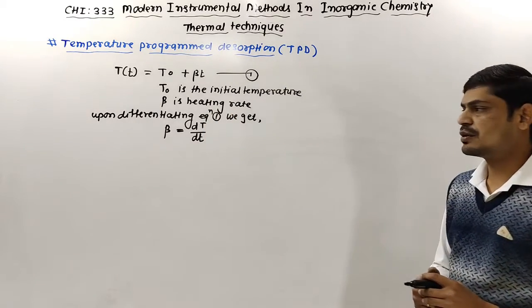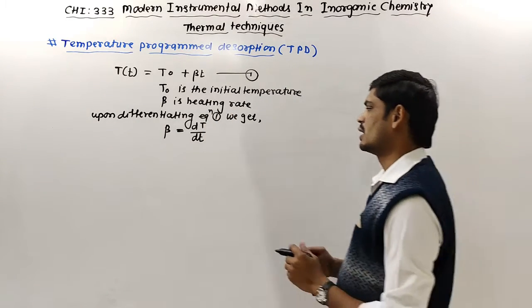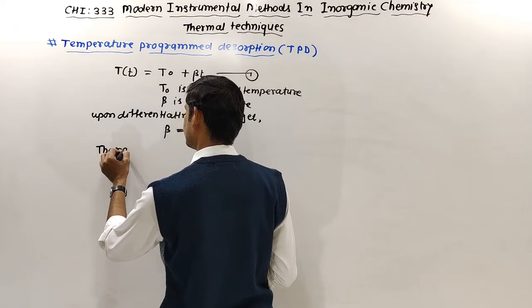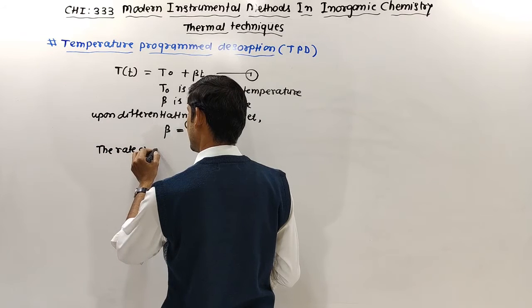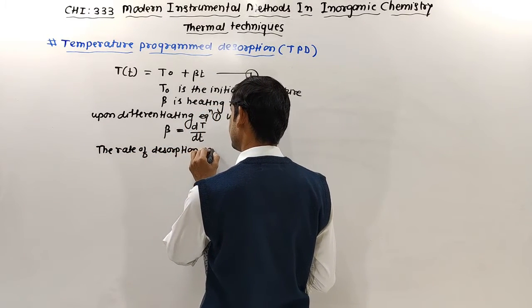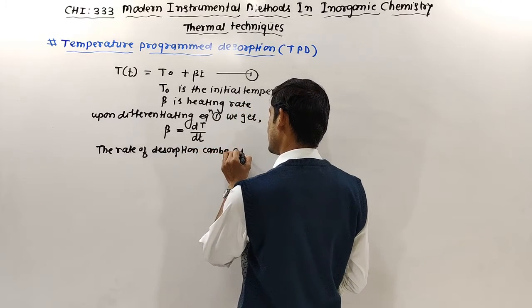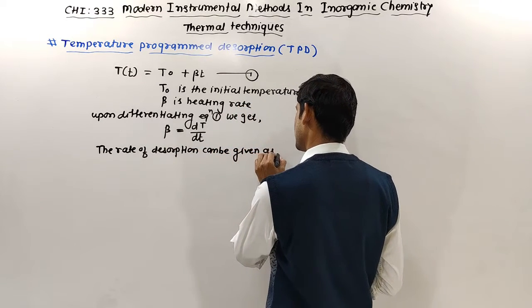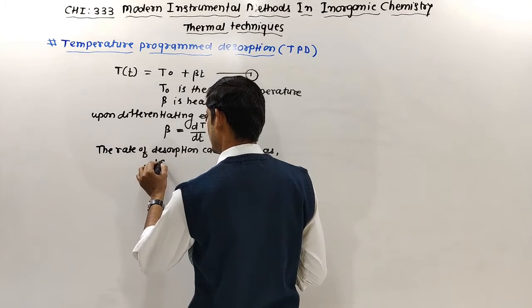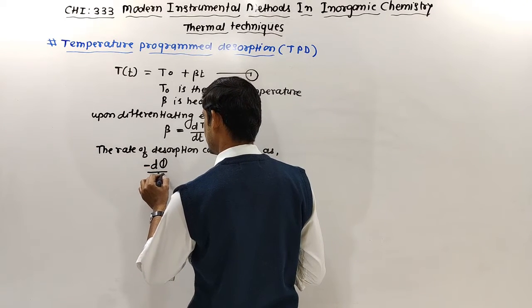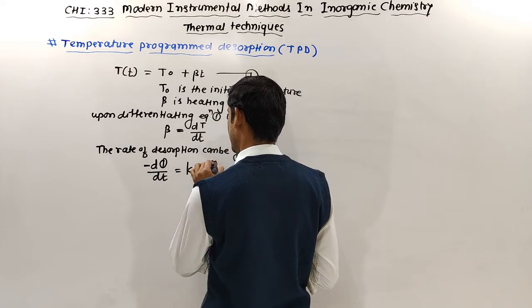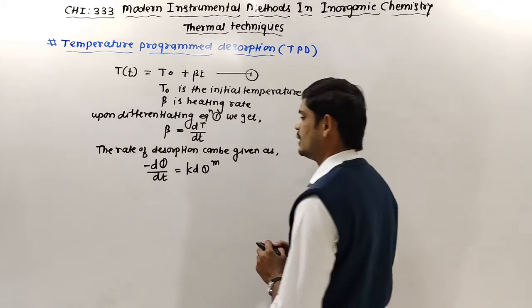The rate of desorption can be given as minus d theta upon dt is equal to kd into theta raised to m.